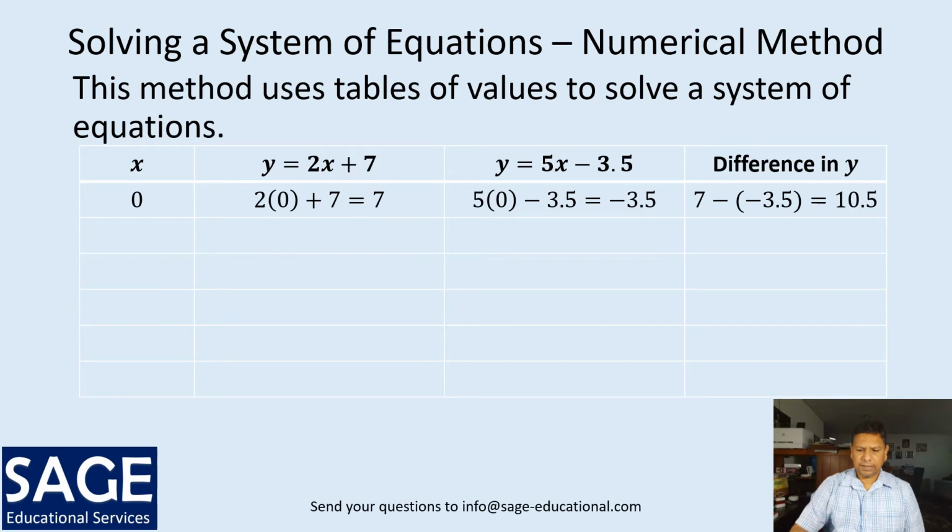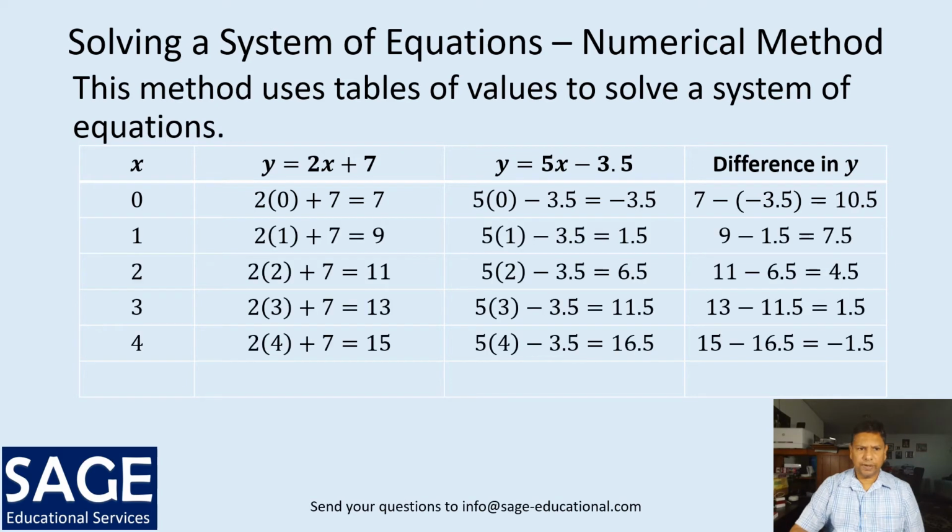So let's try some more values of x. When you put x is equal to 1, 2, and 3, what you find is that the difference in y becomes 7.5, 4.5, and 1.5. And you can see going down the table that we are getting closer and closer to 0.